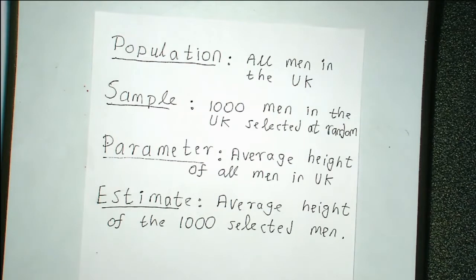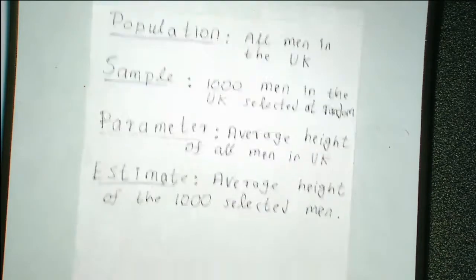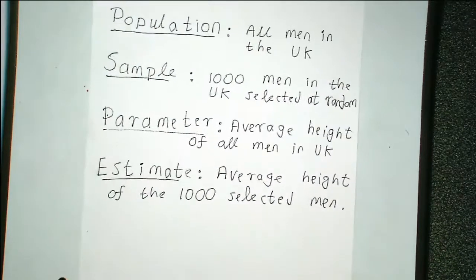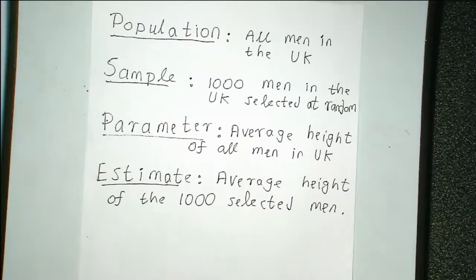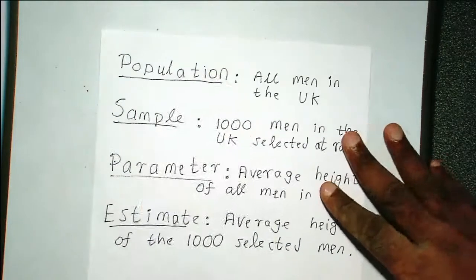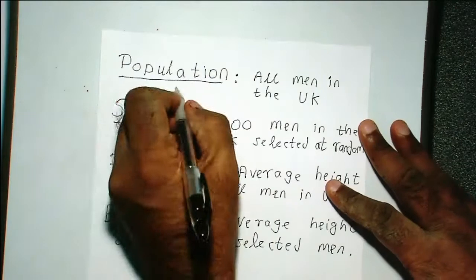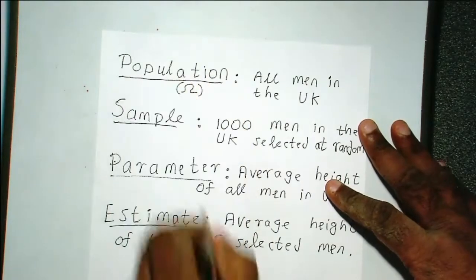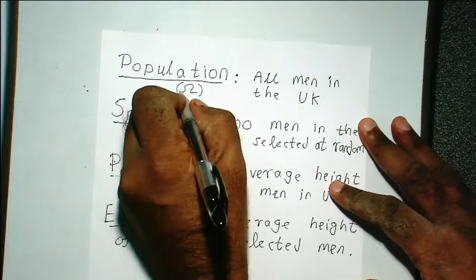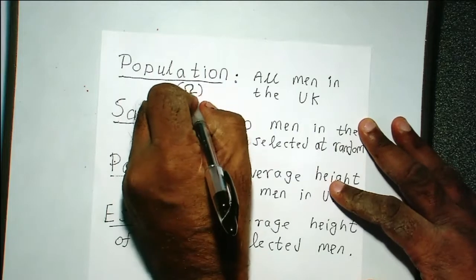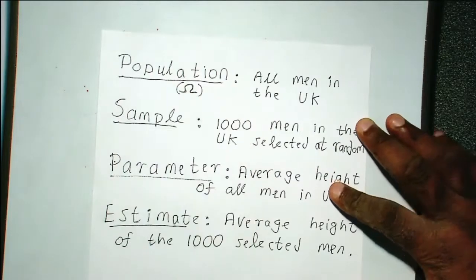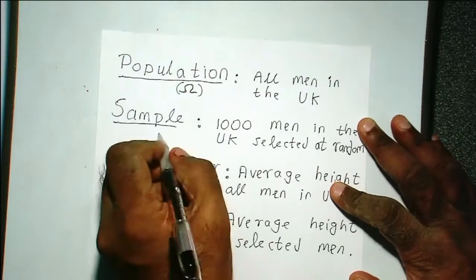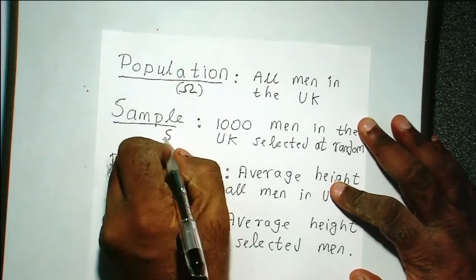Okay. Now, there is notation I need to mention. The notation for a population is usually this. This is the notation that people use. It's a big omega. All right? That's the notation for a population. The notation for a sample is like this.